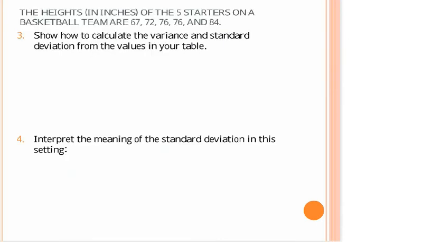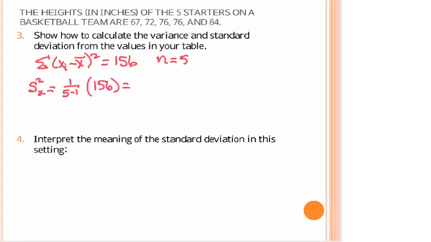All right, so show how to calculate the variance and standard deviation from the values in your table. Well, first of all, let's remember that the sum of xi minus x bar squared was equal to 156. We know that we have 5 values. So the variance is equal to 1 over 5 minus 1 times 156, which is 156 over 4, which is 39 inches squared.